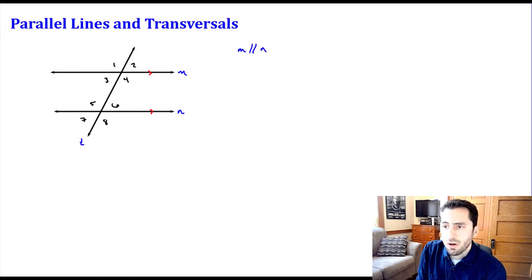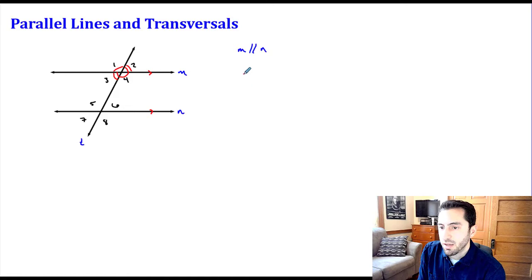So to start off with, let's think about which angles we know are congruent. So we already know vertical angles are congruent. So for example, angle 1 and angle 4, these two are going to be congruent to each other because they're vertical. And angle 2 and angle 3 are going to be congruent because those two are vertical.